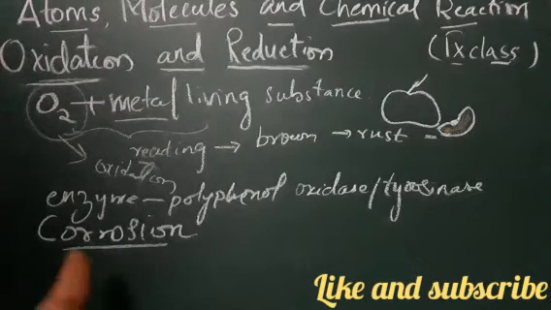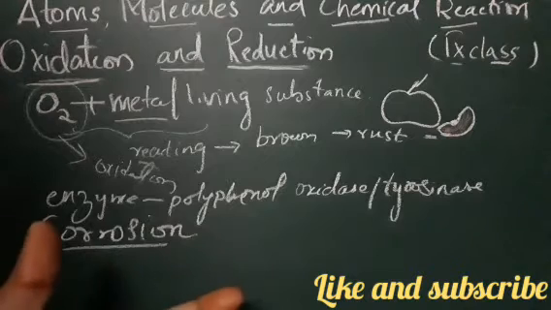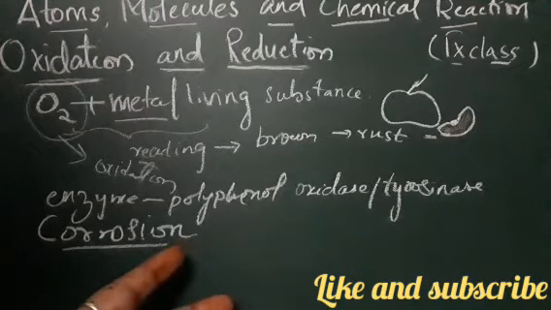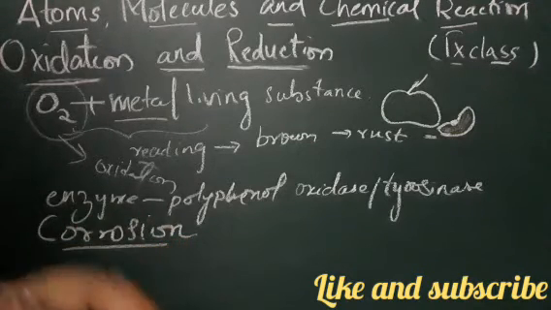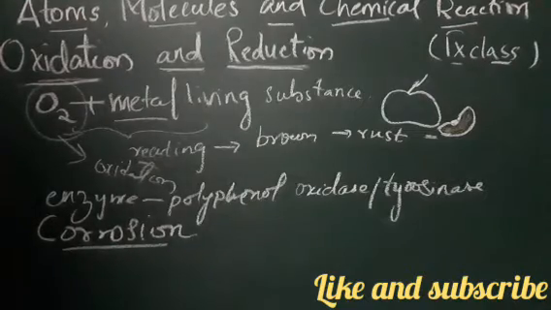Alloying is also a very good method of improving the properties of metal. Generally, pure iron is very soft and stretches easily when hot. Iron mixed with carbon, nickel and chromium gives an alloy, stainless steel. This stainless steel is hard and does not rust.